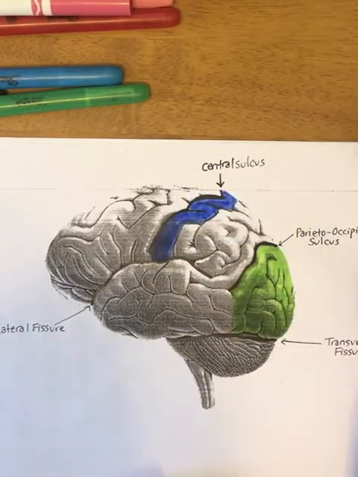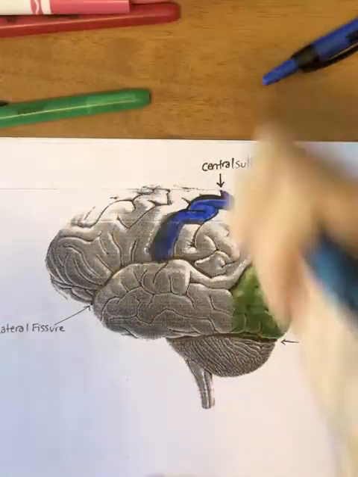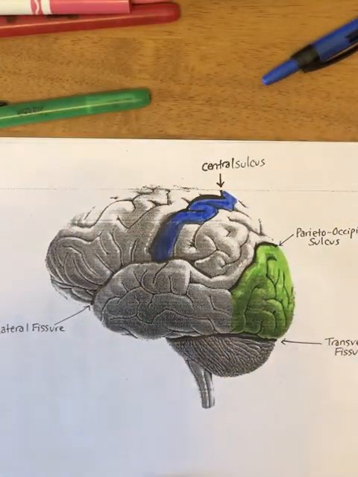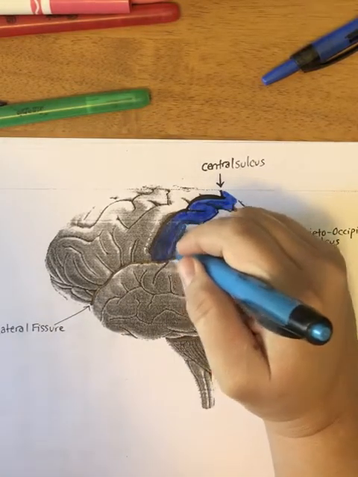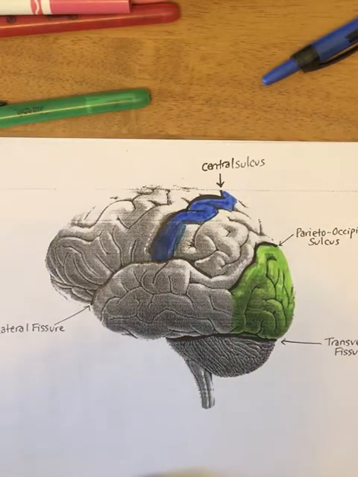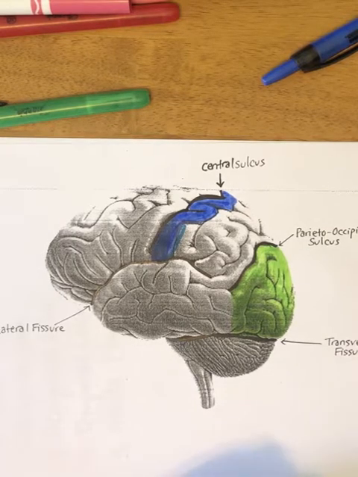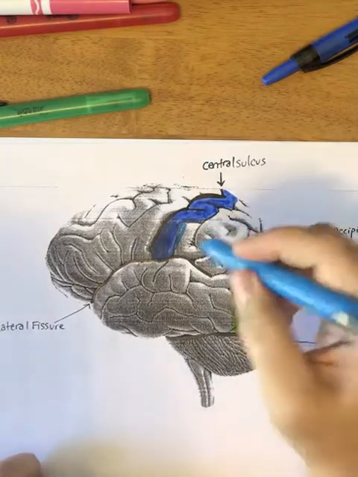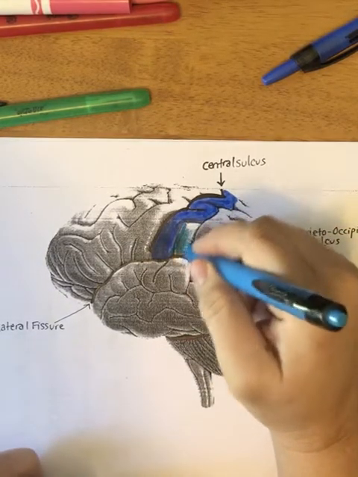I'm using a darker color blue, and then I'm going to find a lighter color blue. Not as light as I would like it to be. Let's see if I can find a lighter color. There's a good one.